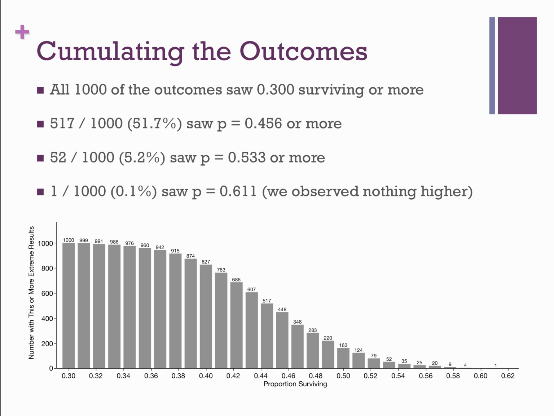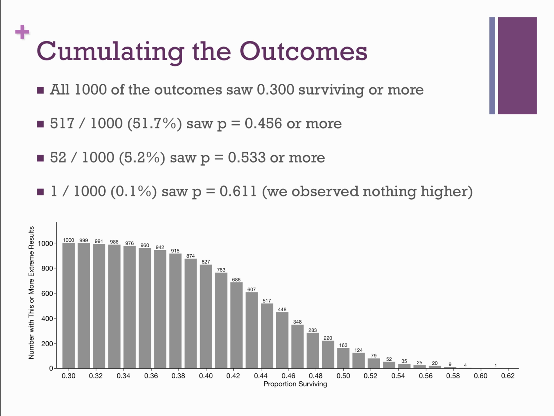We only had one outcome with 27 people, so the next bar shows us that 999 of the experiments had something higher than 0.30. If you go through the middle here, you can see that we have 517 out of 1,000. So 51.7% saw a proportion of 0.456 or more.